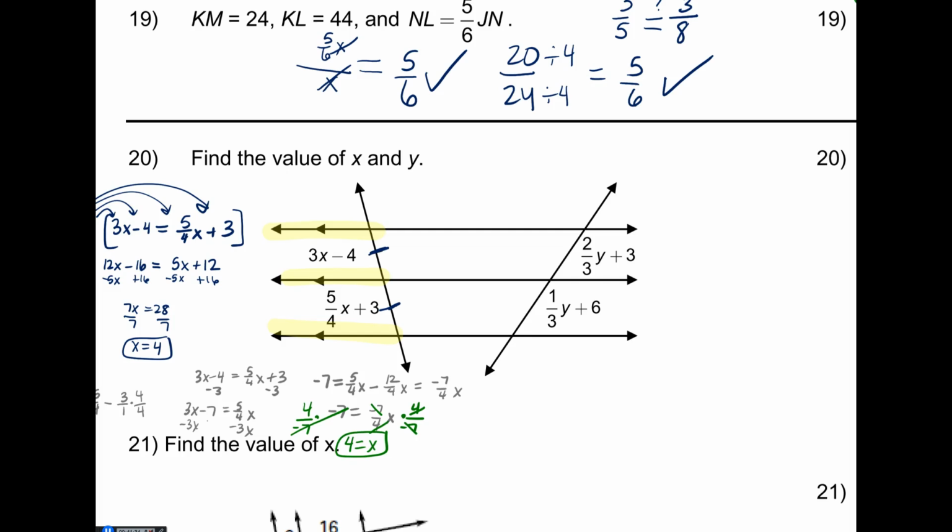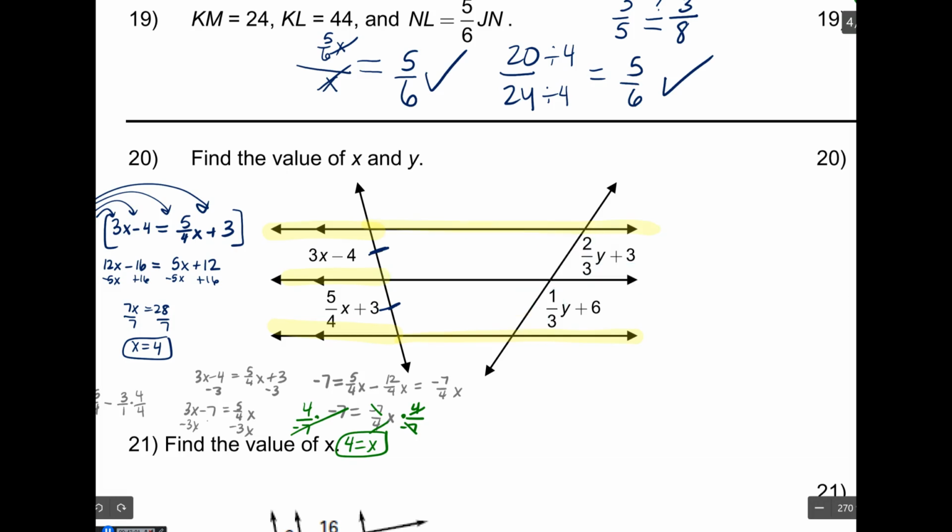So if those 3 parallel lines cut a transversal and make the segments congruent, and if those same 3 lines cross another transversal, guess what? These are going to be congruent as well. They may not be congruent to the other side, but they'll be congruent to each other.